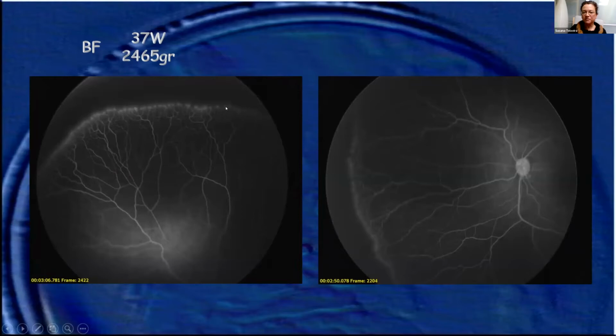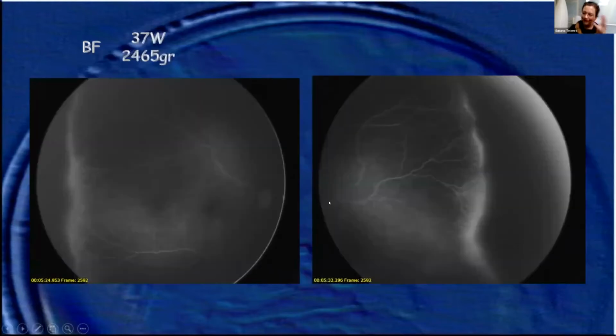You can see in the periphery of the right eye and in the periphery of the left eye the vessels are cut, and they have impregnation and a little bit of diffusion. So I decided also to make laser, not inject anti-VEGF. This is a kind of mix, I think a FEVR, although I don't have the genetics of those babies.